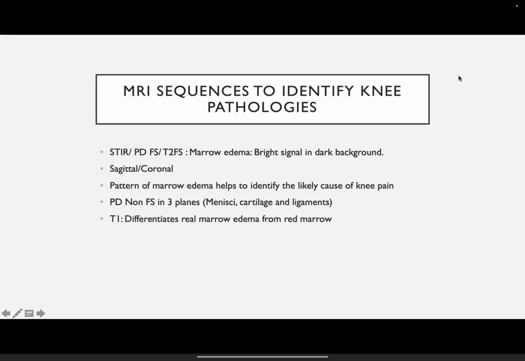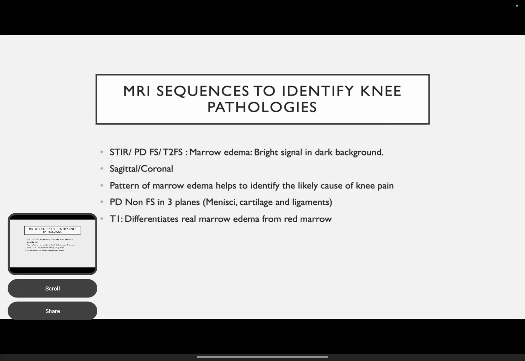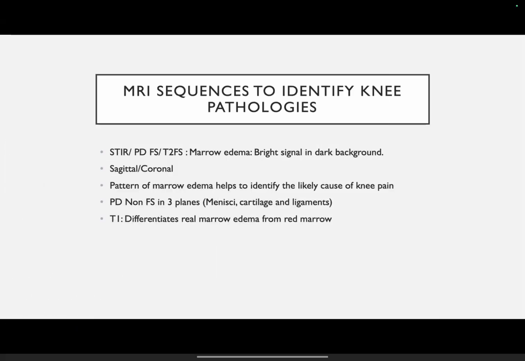Firstly, I would like to discuss a few basic sequences we acquire before we identify knee pathologies. We should have good imaging, come what may, so that we are sure of what we are reporting. Fat suppressed images are the best to look at bone marrow edema, as the fat gets suppressed and we see a bright signal on a dark background.